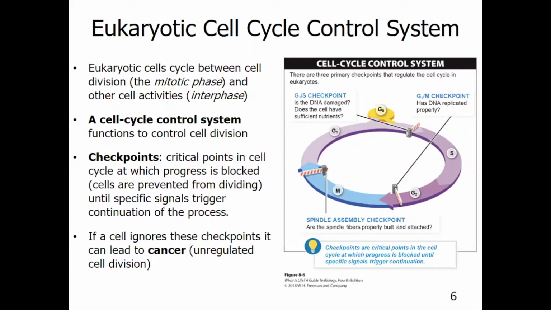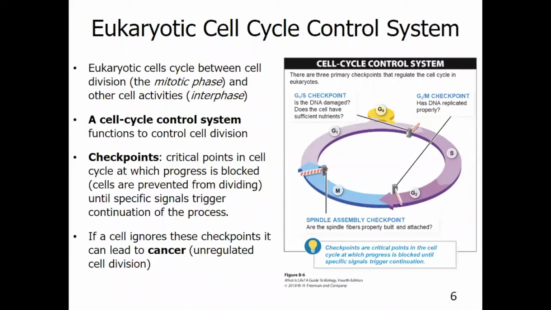Within this cell cycle, there are several checkpoints, and they are represented in this figure by this red and white striped bar. Checkpoints are critical points in the cell cycle in which progress is blocked.